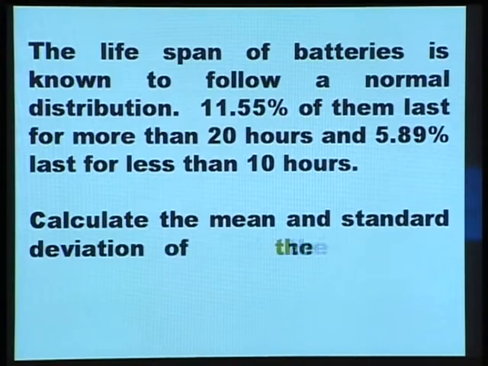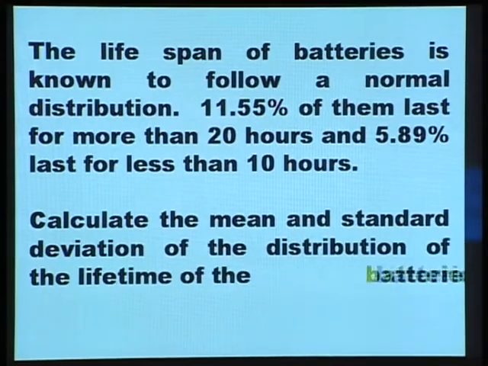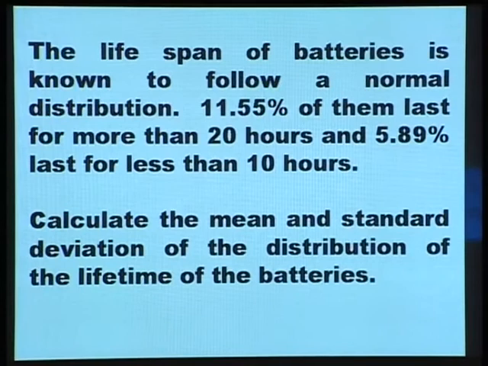Calculate the mean and standard deviation of the distribution of the lifetime of the batteries. Note that we have to calculate the mean and the standard deviation. We are given the two probabilities, that is 11.55% of the batteries last for more than 20 hours and 5.89% last for less than 10 hours.